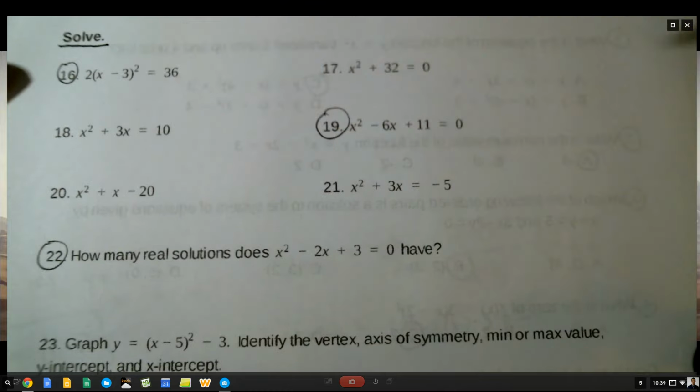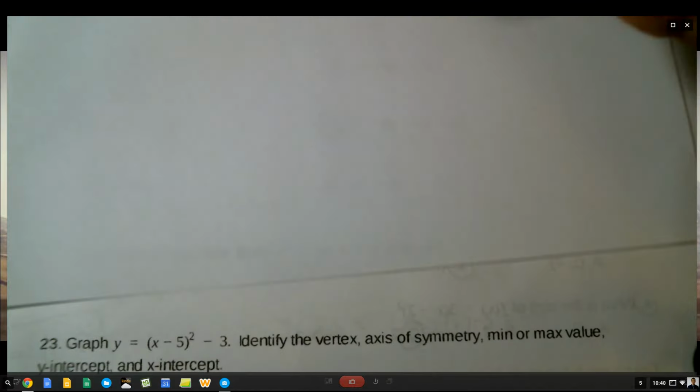It means, what is the x value that makes this equation true? So let's do that. Number 16, we have 2(x minus 3) squared equals 36.